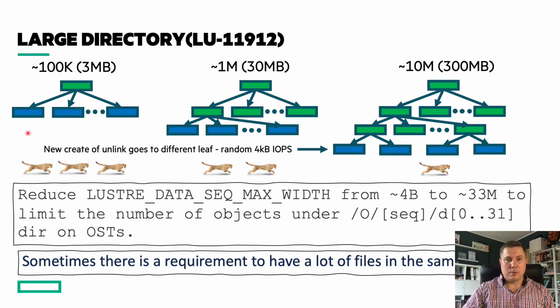Before 100,000 files in one directory, we have only one level of tree, and it's quite fast. After 10 million files for a directory with average names, the performance drop becomes quite valuable.